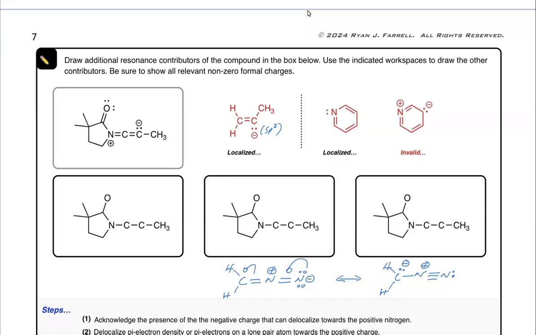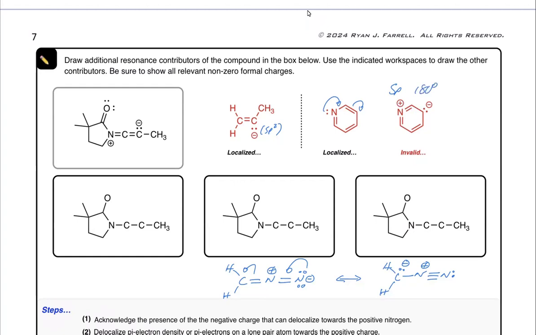Now, that being said, if you have a lone pair atom within a ring, that lone pair should not be delocalizable if that lone pair atom is already making a pi bond. If we considered resonating that lone pair in this direction, that would be an invalid arrow push because that would charge the nitrogen positively, and the nitrogen making two pi bonds would have to be sp hybridized. But we can't have an sp hybrid atom within a 6-membered ring.